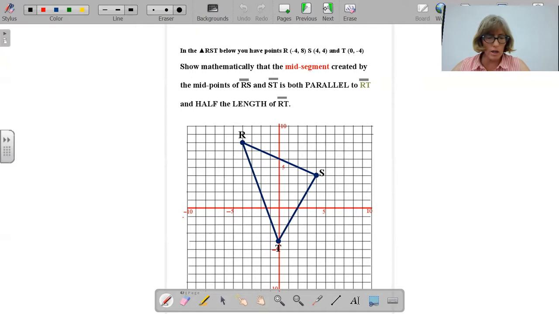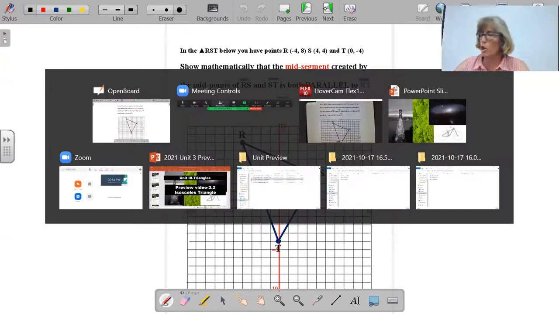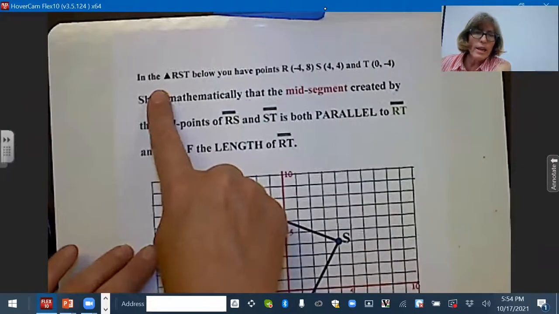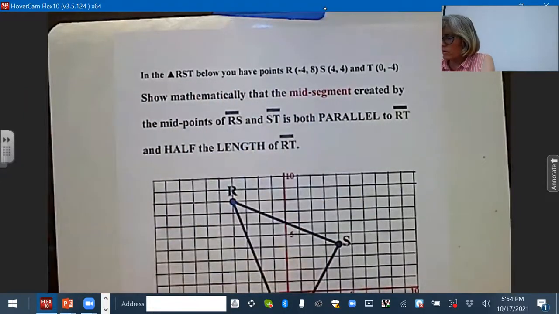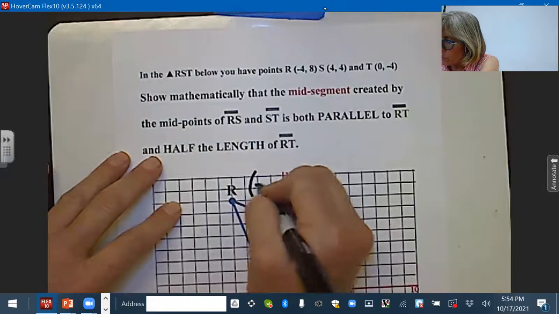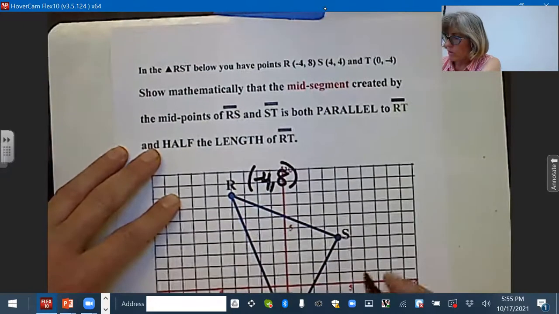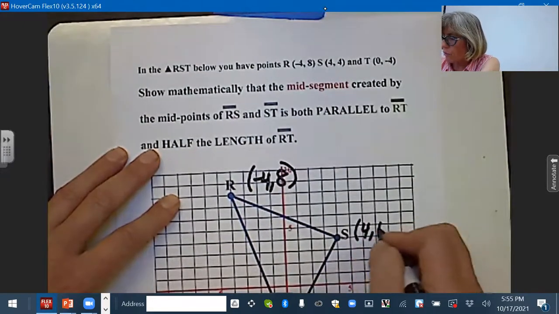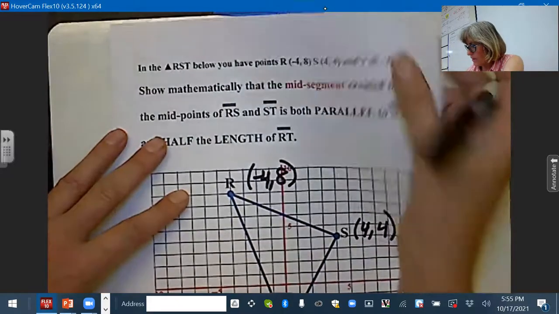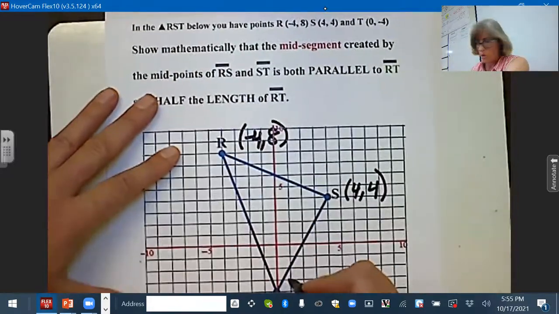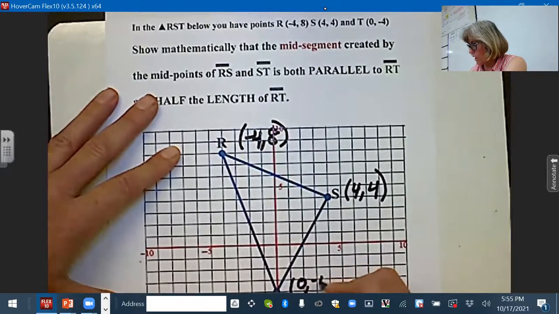Here we're going to do a quick sketch of where we're going. In this triangle, STR, we have the points R, which is (-4, 8), S, (4, 4), and T, which is at (0, -4).